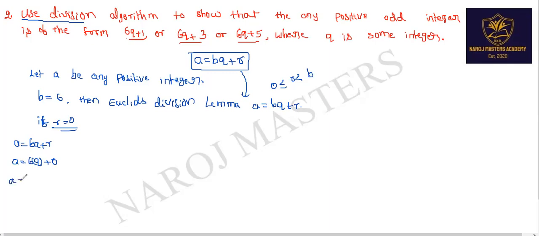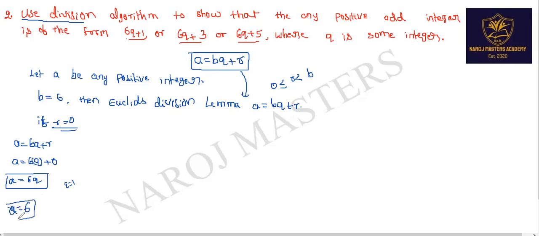Then a is equal to 6q. You can substitute the value of q here, where q is some integer. If I substitute q is equal to 1, then a is equal to 6.